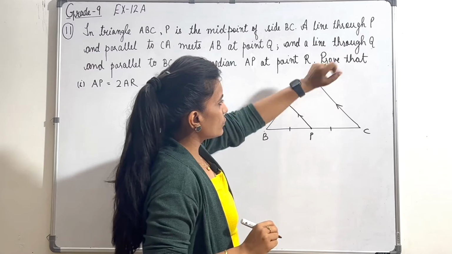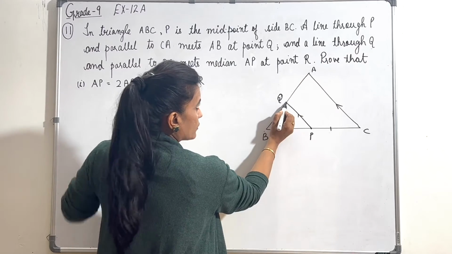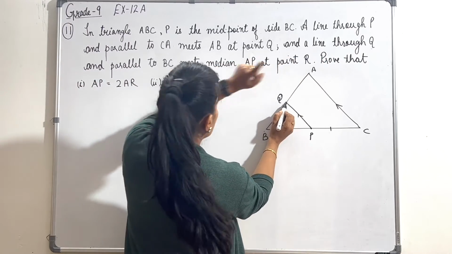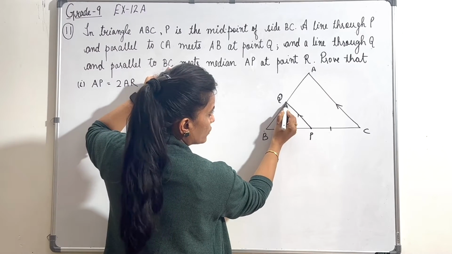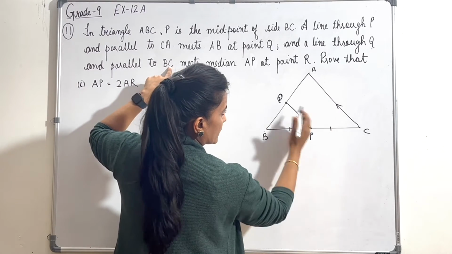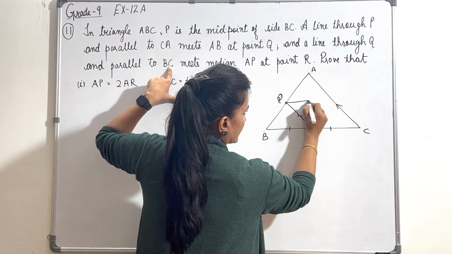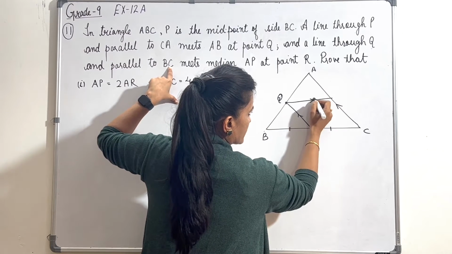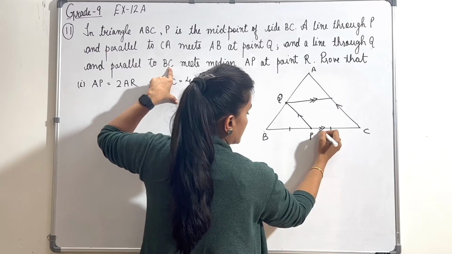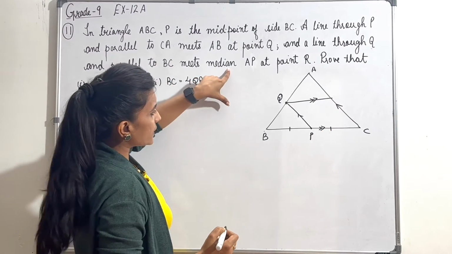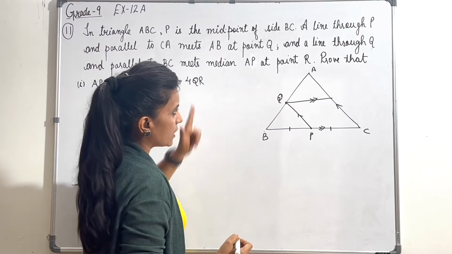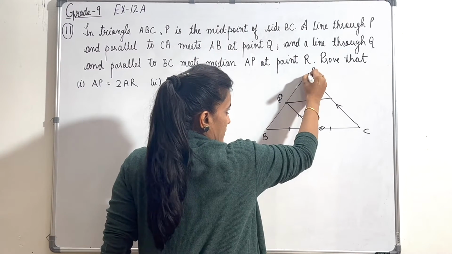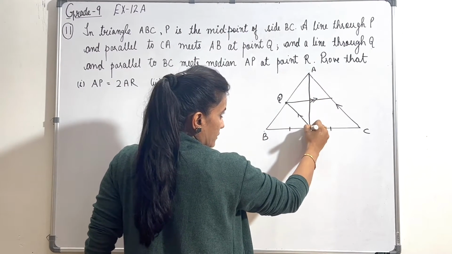Add a line through Q. Now through this point Q, a line through Q and parallel to BC. Through this point you have to draw a line parallel to BC. It means you will draw a line like this, right? This line is parallel to BC and meets median AP at point R. So this is the median AP, correct?